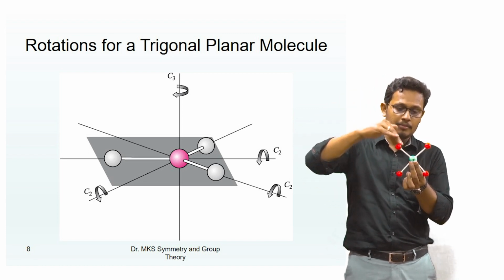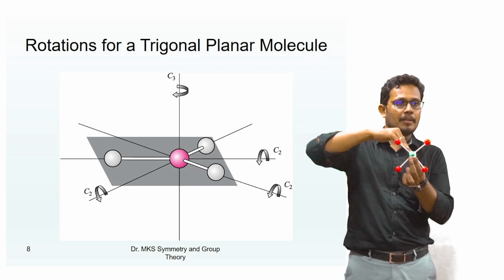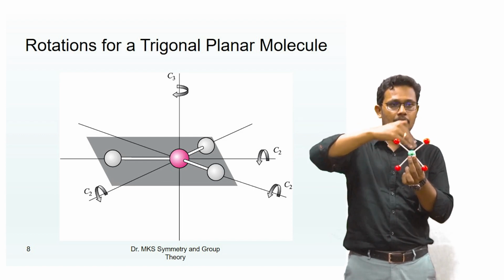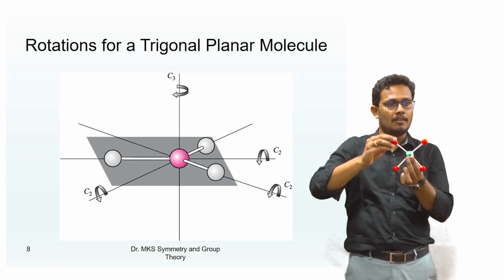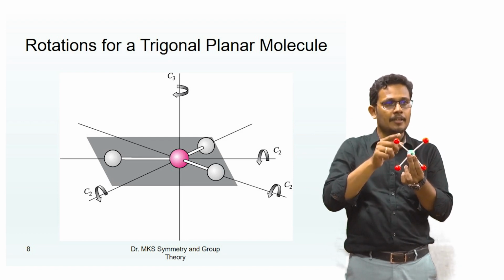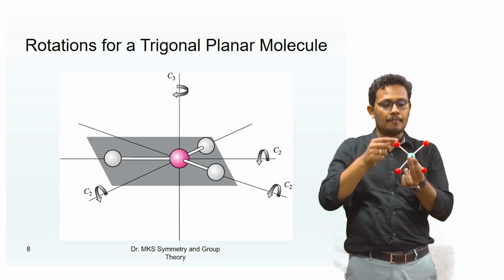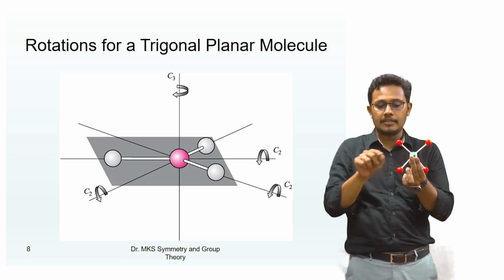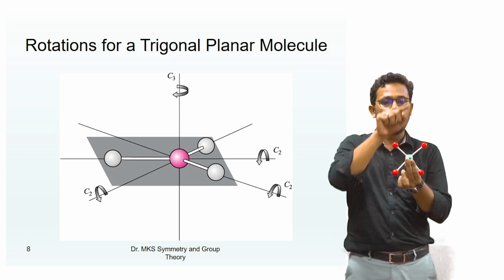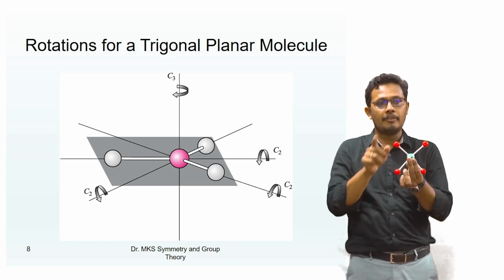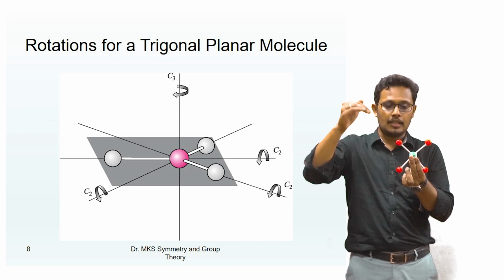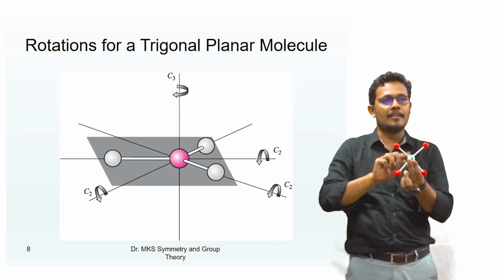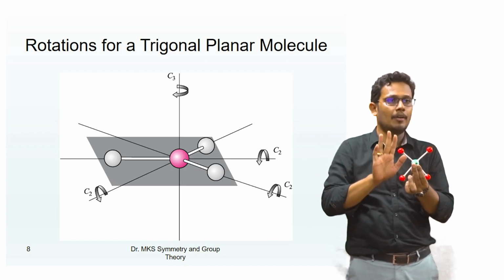If you cut this molecule like this and place a mirror, you can easily see an indistinguishable structure, right? So, if the plane bisects 2 C2s, here we have one C2 and here we have a second C2. In between these 2 consecutive C2s, if you pass a plane, that plane is nothing but what? Sigma D.